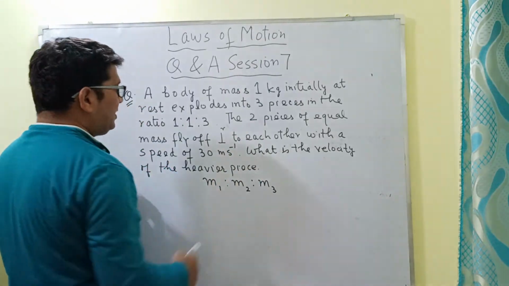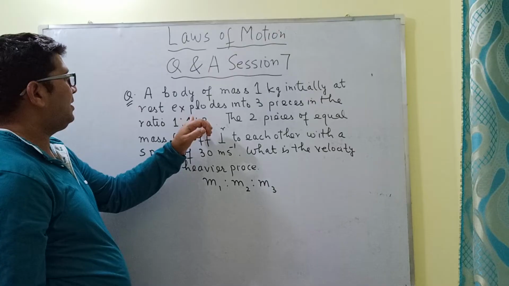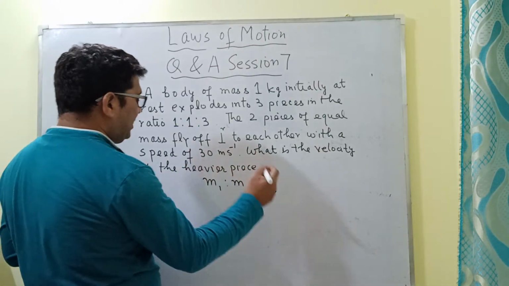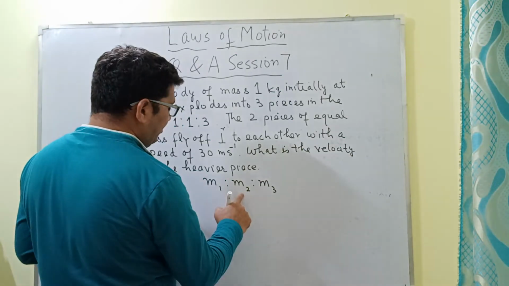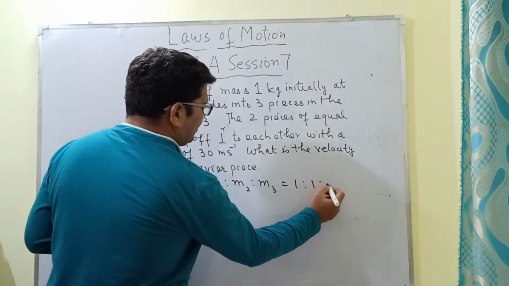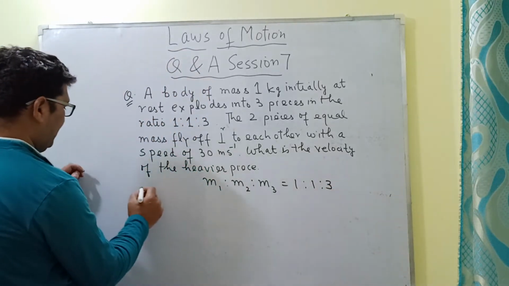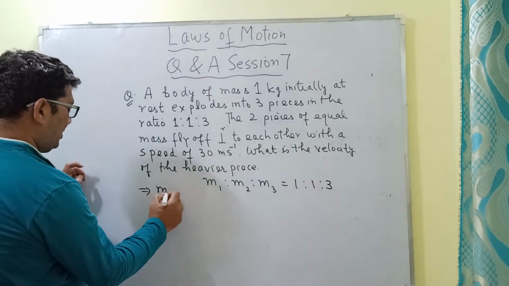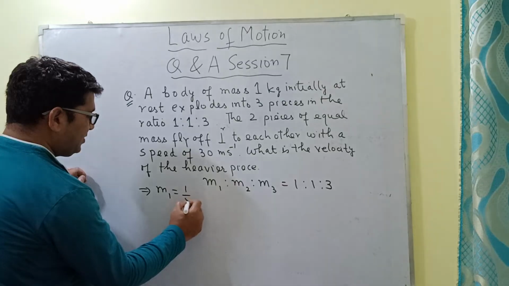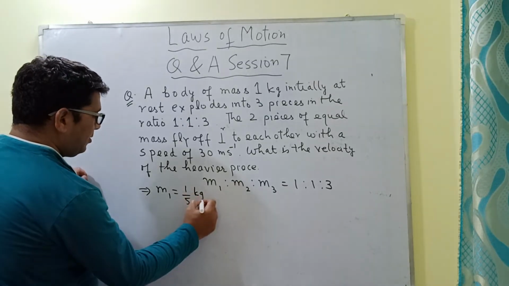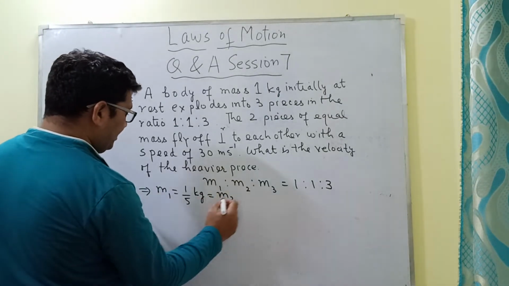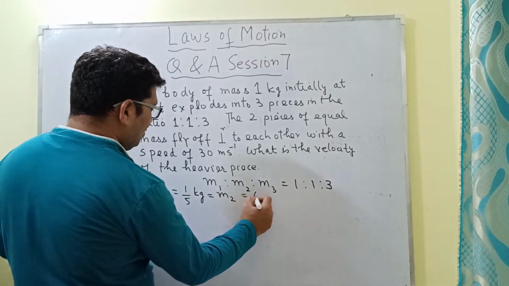So if they are exploding into 3 pieces in the ratio of 1:1:3, then m1 is to m2 is to m3 will be equal to 1:1:3. And we can say, it implies that the mass of m1 will be equal to 1/5 kg, and this will be equal to the mass of m2 also, and this will be equal to 0.2 kg.